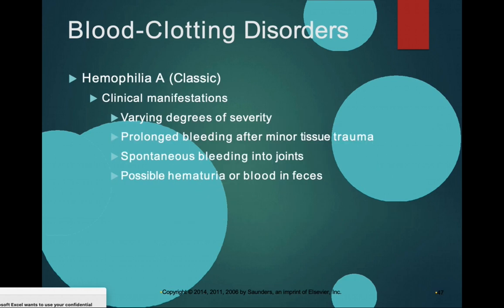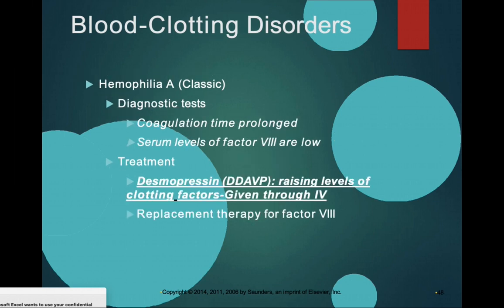What are some of the clinical manifestations? They vary. Prolonged bleeding after a minor tissue trauma, spontaneous bleeding into the joints, and possible hematuria or blood in the feces. Some of the diagnostic tests, coagulation time. They look to see how long it takes for a person to coagulate, to clot.